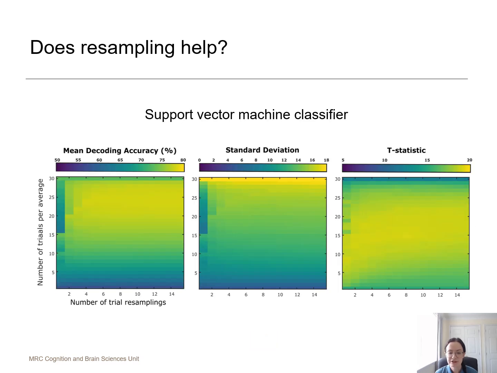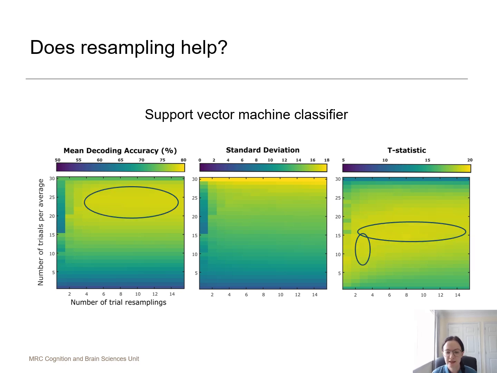Now, of course, there is a huge space that you can check this across. And what you can see here is, again, our mean decoding accuracy, our standard deviation in the middle, and our t-score on the right. If you were just trying to optimize for the maximum mean decoding accuracy, you might think that having quite a few trials per average and any number of trial resampling, really of 4, would be the best place in this space.